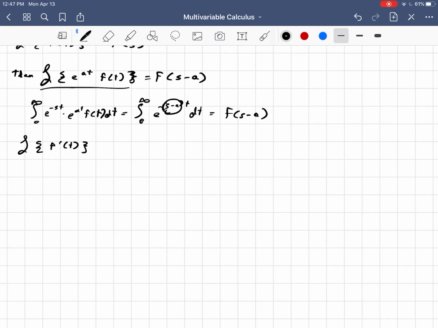The next property is the Laplace transform of f prime of t. It turns out, it is the integral from 0 to infinity of f prime of t e to the negative st dt.